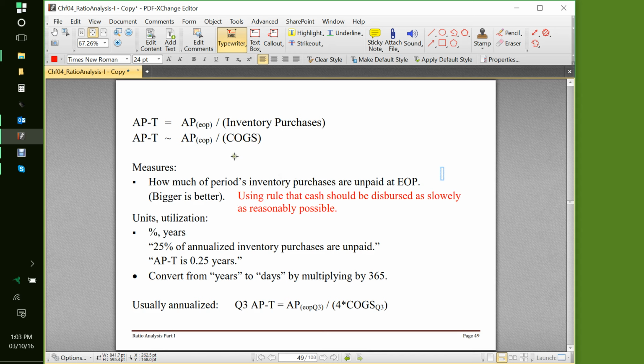In other words, we want to have a big pile of stuff we haven't paid yet that we're going to pay later, because that implies that we are letting the cash out the door as slowly as possible.